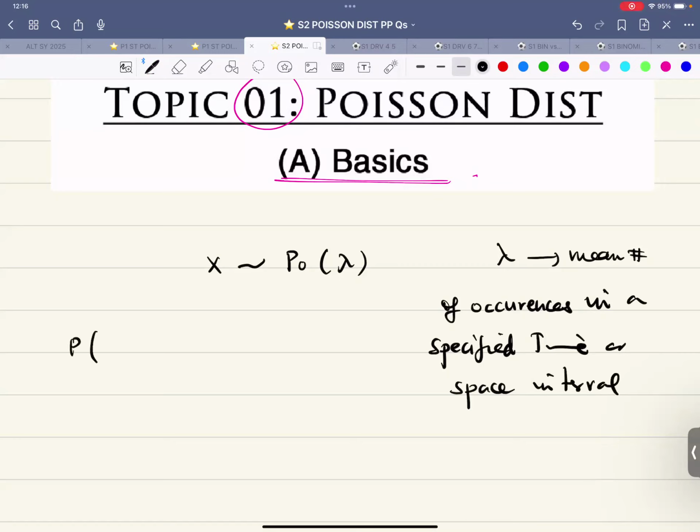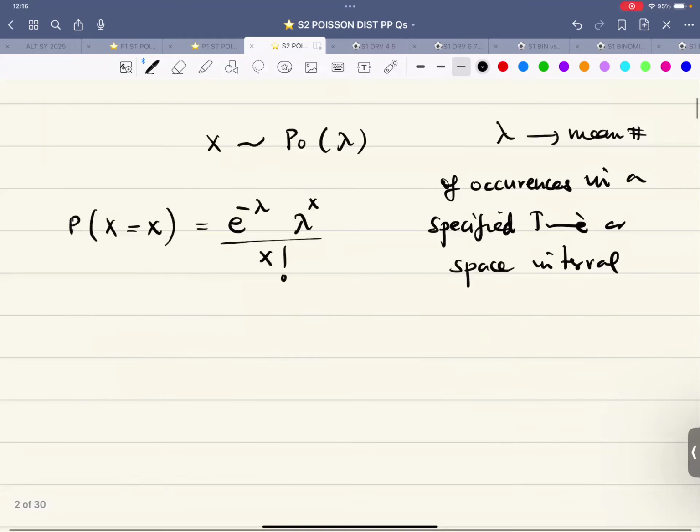The formula for Poisson is: probability X equals x is e raised to the power of negative lambda, lambda raised to the power of x, divided by x factorial, where x takes the values 0, 1, 2, 3, all the way till infinity.